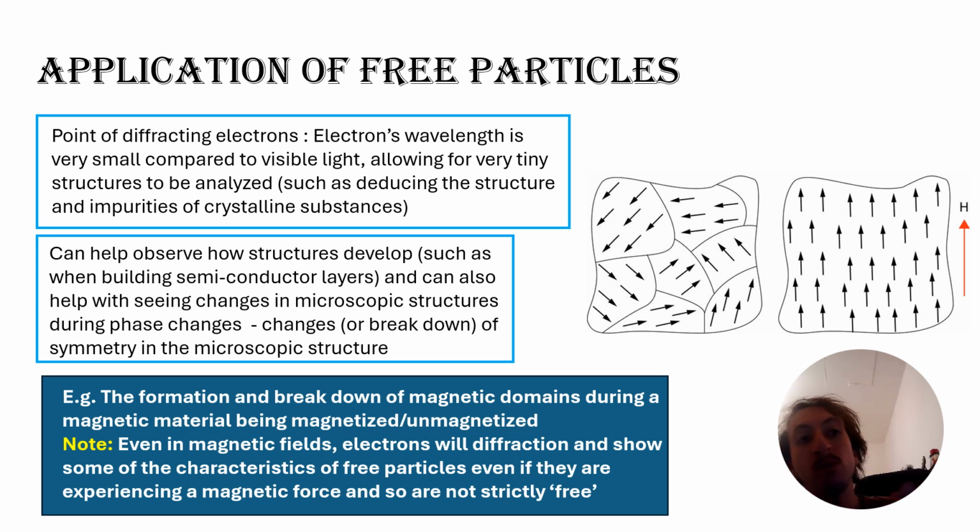However, for most substances, the atoms' magnetic fields are aligned randomly and there is no overall magnetic field for the structure. But for a particular class of material called ferromagnets, if you put those materials in a magnetic field, not only will the material become magnetized, so the atoms will align their magnetic fields, but when you move that magnetic field away, the alignment of the atoms will stay.